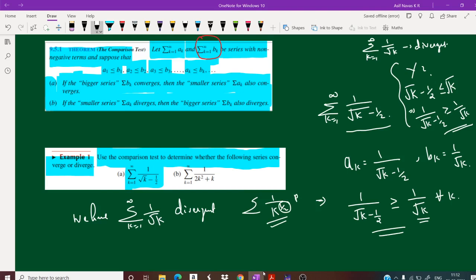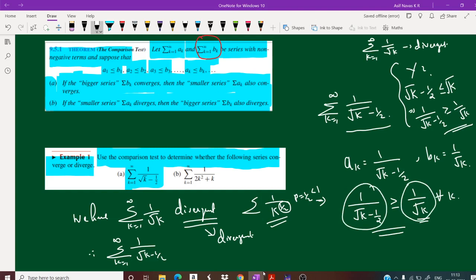So here p is equal to 1 by 2, which is less than 1, therefore this is divergent by p series test. So the smaller series diverges. Then what can you tell about the bigger series, sigma k equal to 1 to infinity 1 by root k minus 1 by 2? If the smaller series is divergent, then the bigger series is also divergent.